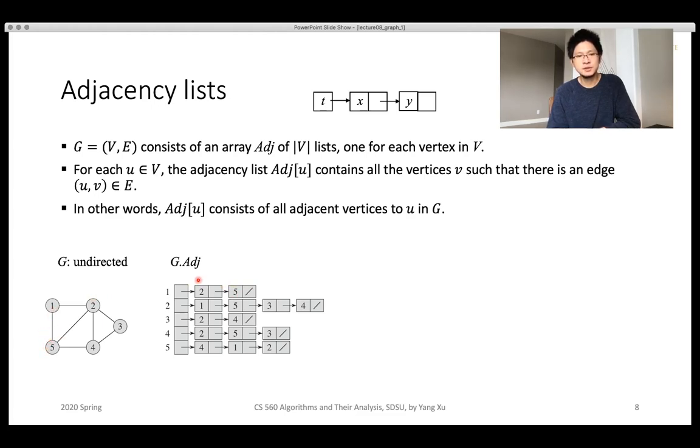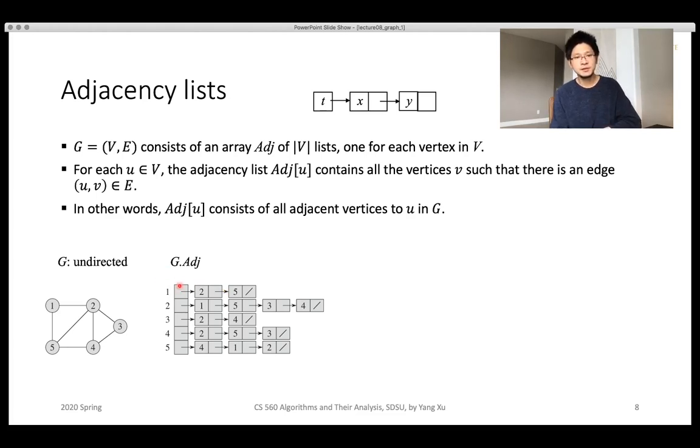So this first list, from 1 to 2 to 5, consists of all the adjacent vertices for vertex 1.